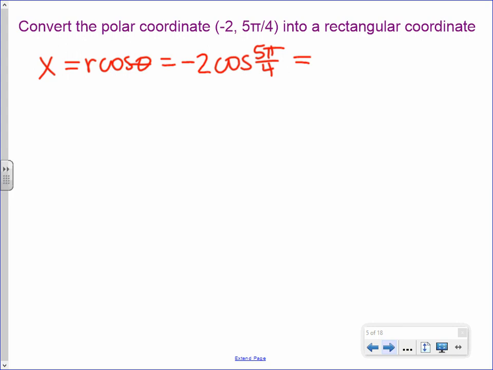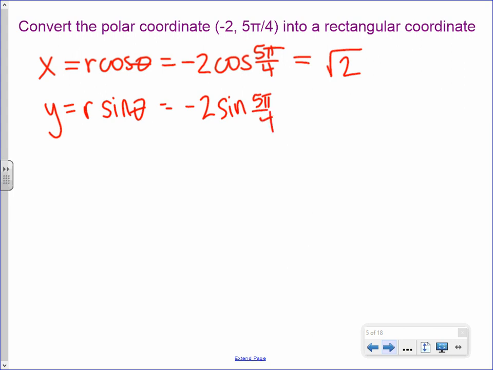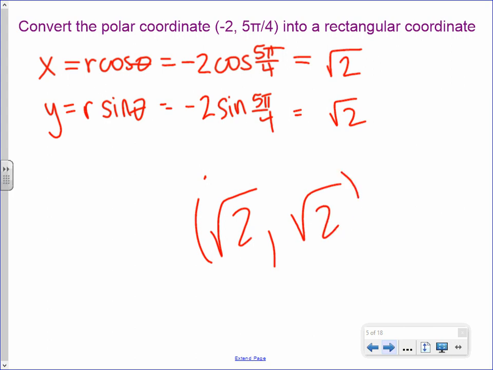What does that equal? Negative what? So what does this equal? Square root of 2. We wrote down y equals r sine theta, same thing. So radical 2, comma radical 2.